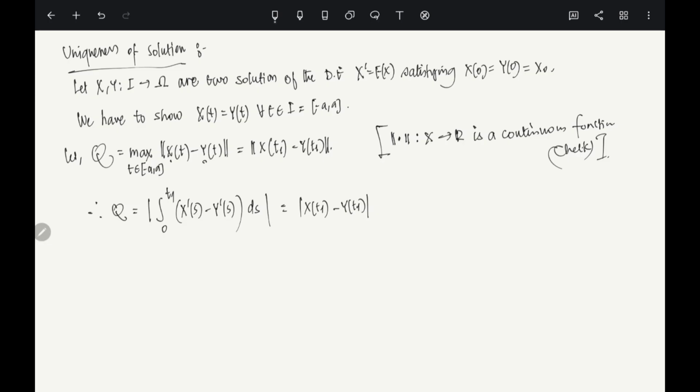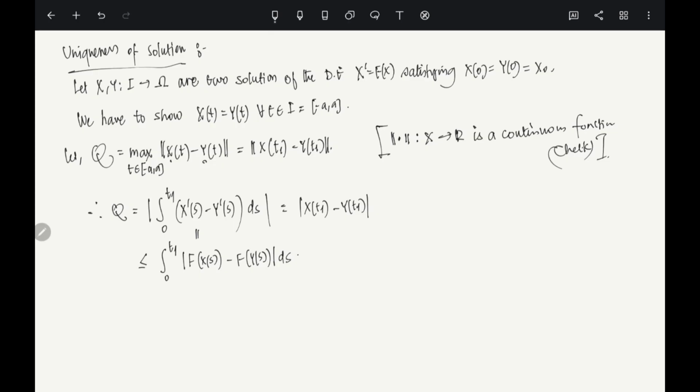Now this particular thing, I can always bound by less than or equal to the integral from 0 to t1 of the norm of f of x of s minus f of y of s ds.